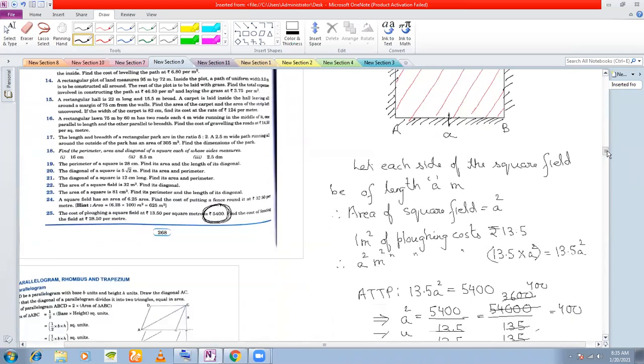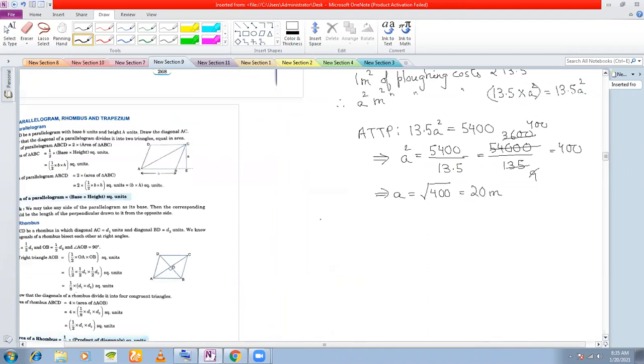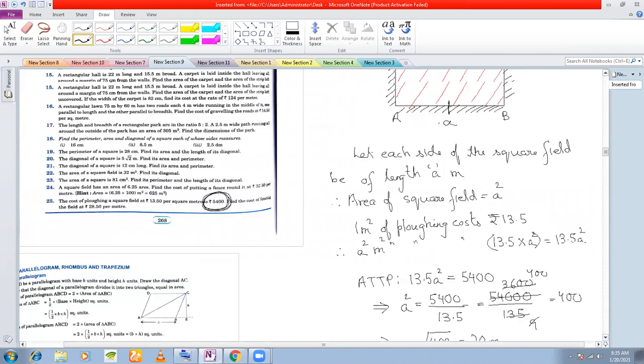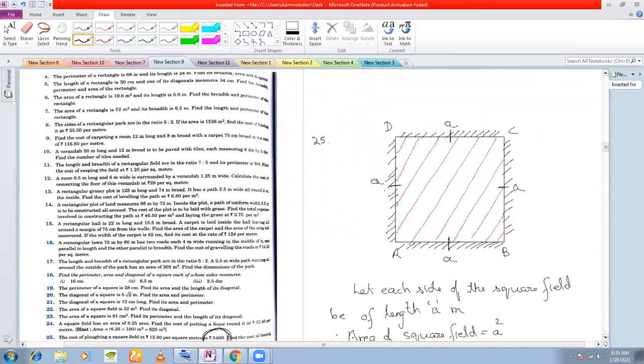So let's find out the perimeter. Perimeter of the square is equal to 4a, is equal to 4 into 20, which is 80 meter. Now this entire length 80 meter needs to be fenced.